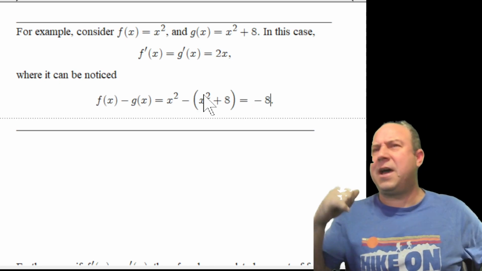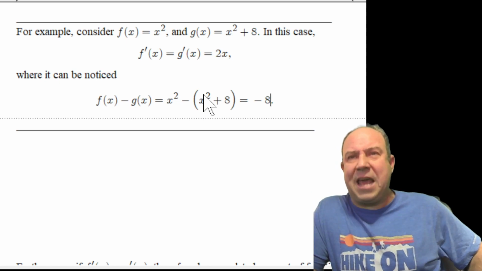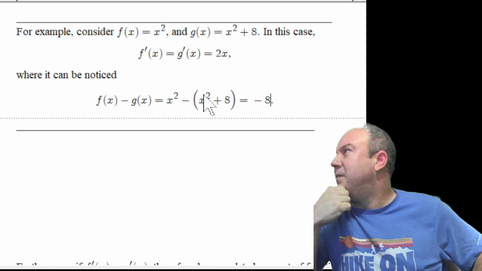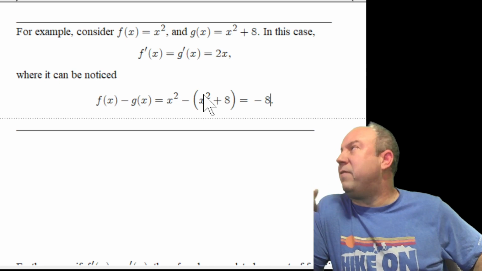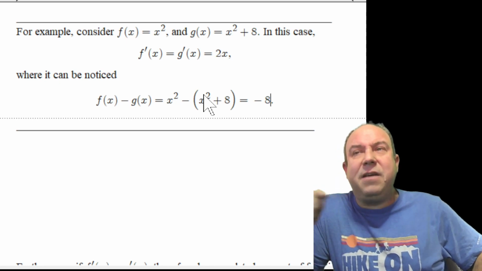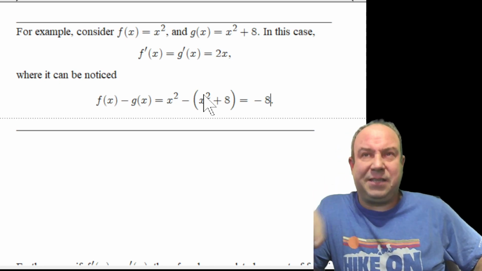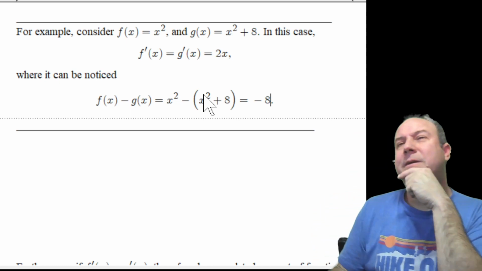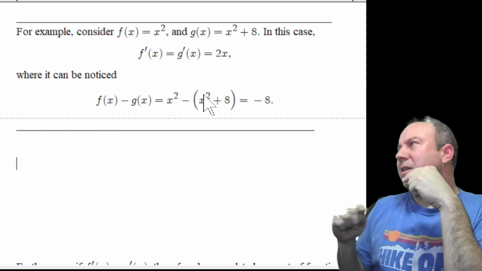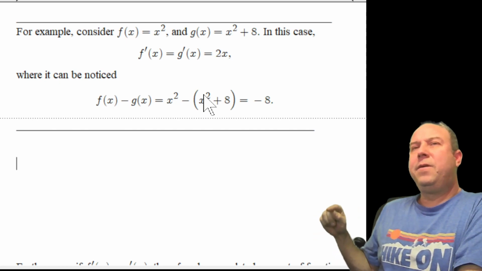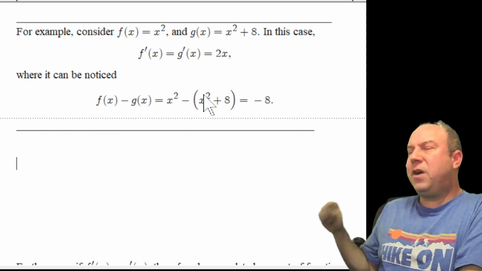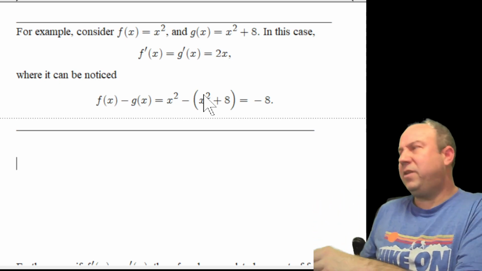I should point that out as being equivalent to negative 8. If we think about f of x minus g of x, they differ by nothing more than a constant. That is true for any two functions that share a common derivative.